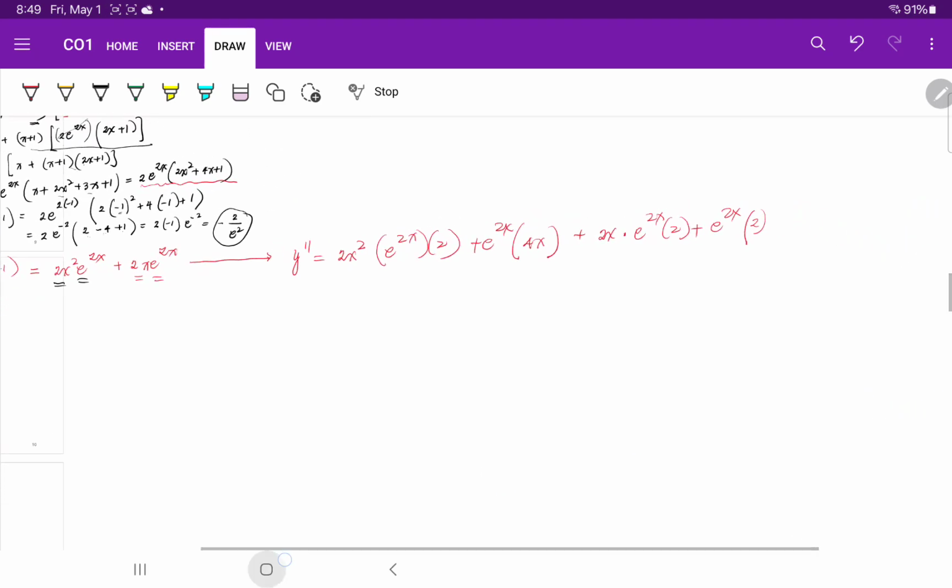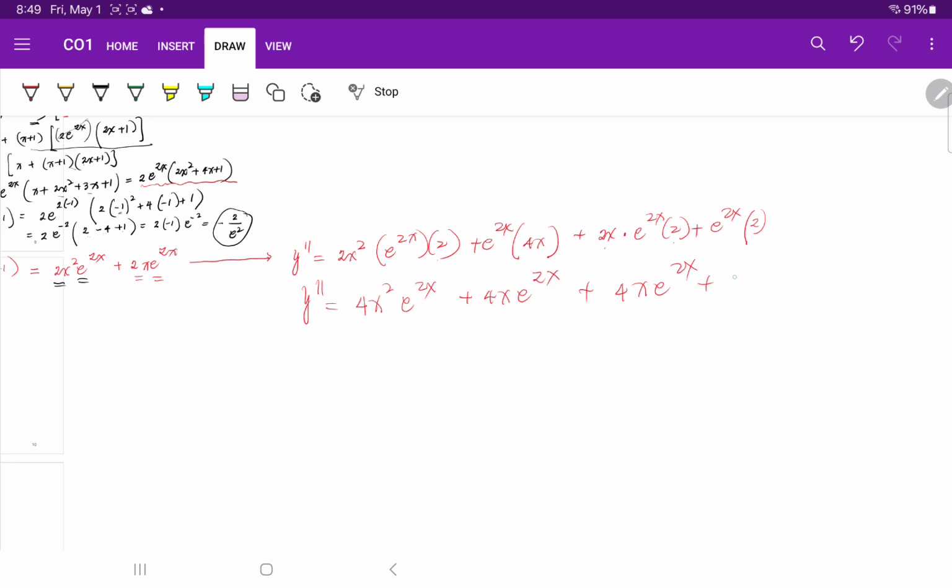And then we get y double prime: this gives you 4x squared e to the 2x plus 4x e to the 2x plus 2 times 2 is 4x e to the 2x plus 2 e to the 2x.